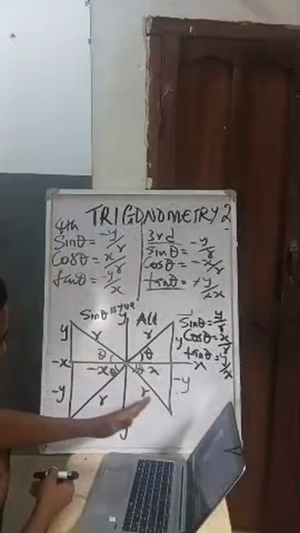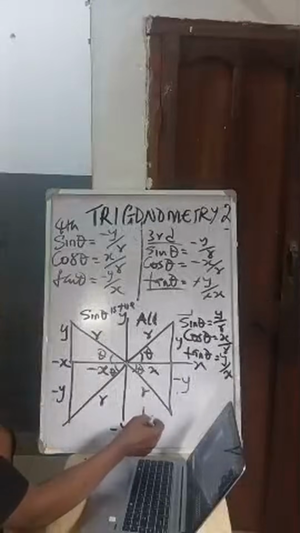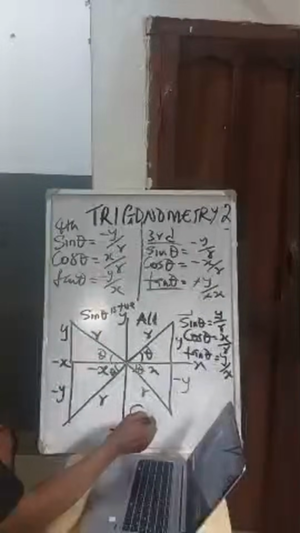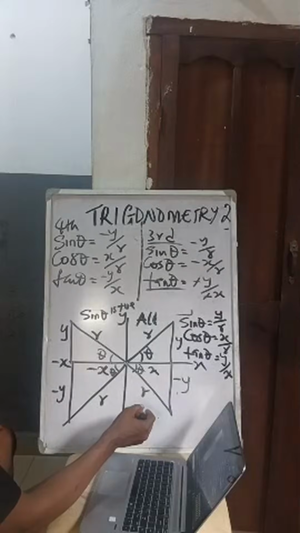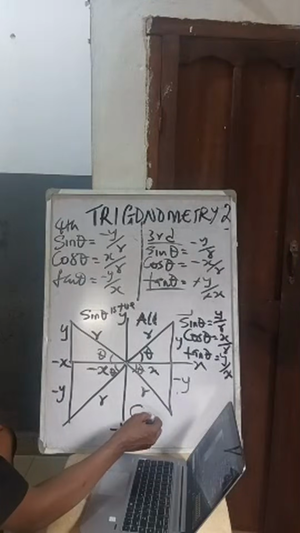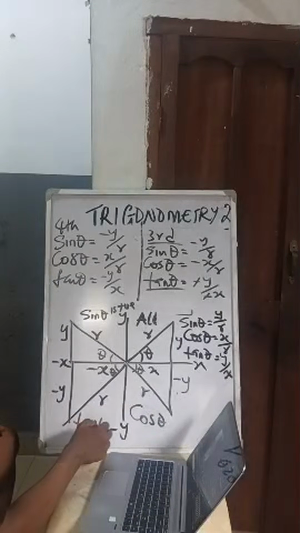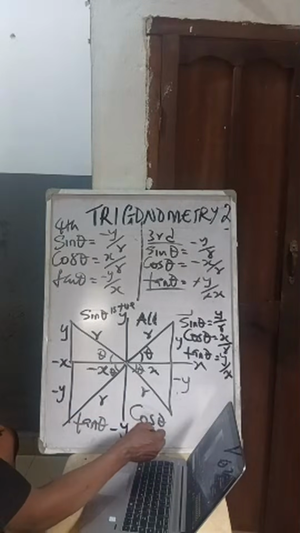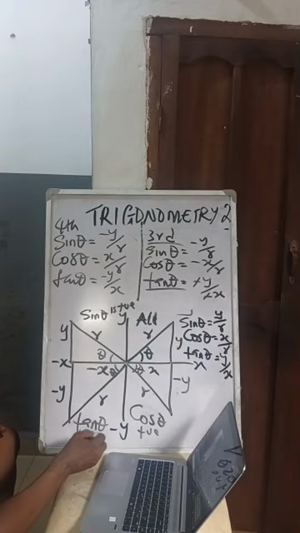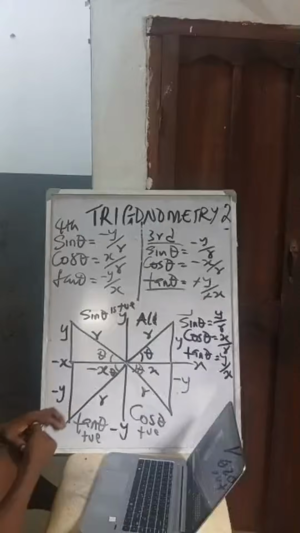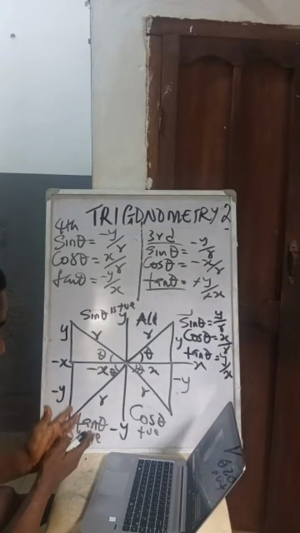So in the fourth quadrant, we have cos theta positive, and in the first quadrant, sin theta positive, tan theta positive, so all are positive. Okay, so that is how we say it.